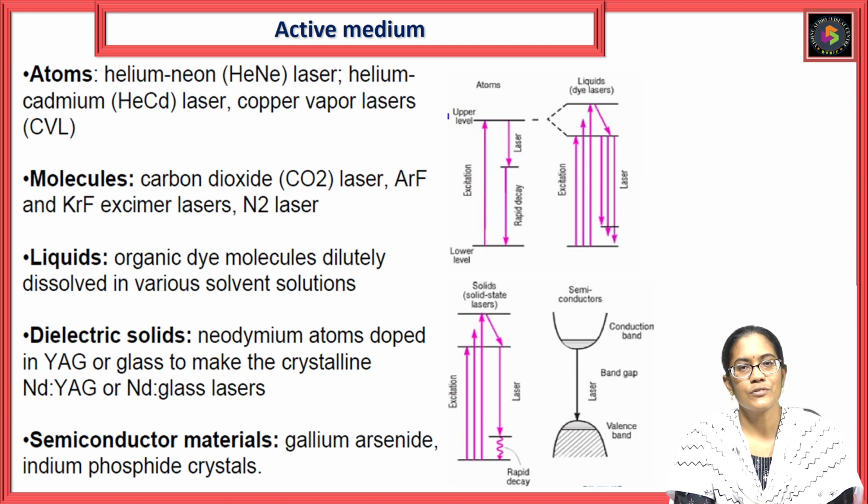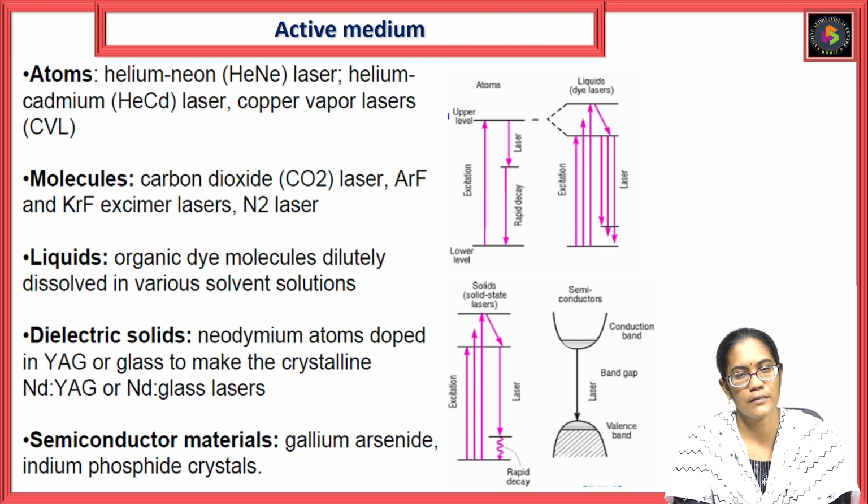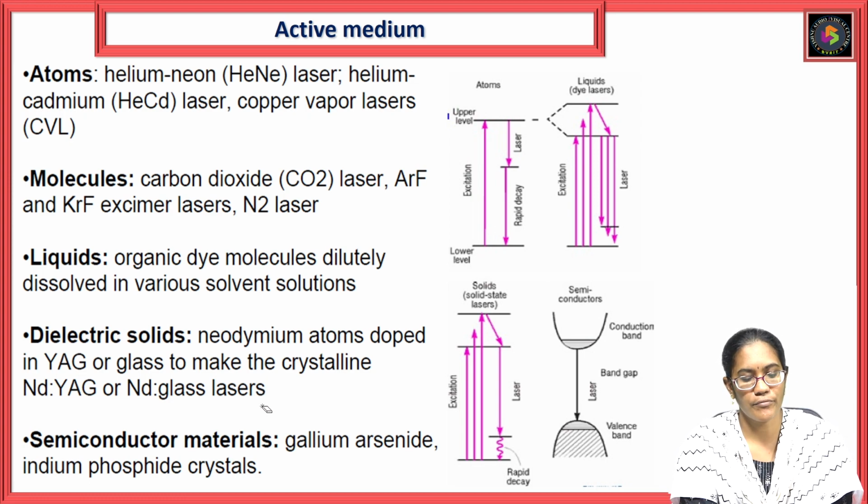For solid state lasers, the Ruby laser and the diode laser are the best examples, where the active medium is in solid state form. The other type is the semiconductor laser, where we use direct band gap semiconductors. Examples of semiconductor lasers are gallium arsenide and indium phosphide crystals.